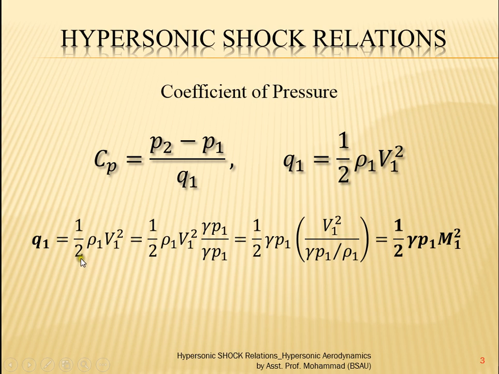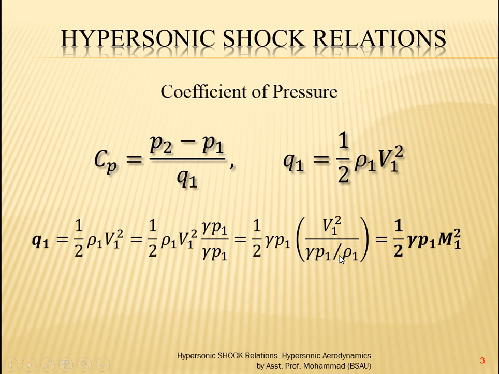So the Q is either 1 by 2 rho 1 V1 square or 1 by 2 gamma P1 M1 square, and we can simply see how we have done it. We just divide and multiply by gamma P1, and then V1 square by gamma P1 by rho 1 becomes M1 square, because gamma P1 by rho 1 is actually the square of the speed of sound at location 1, the reference location.